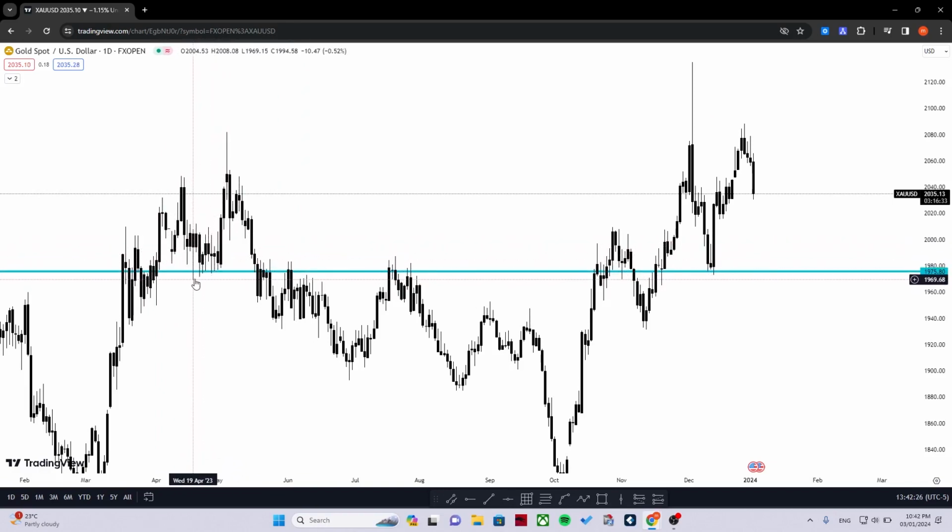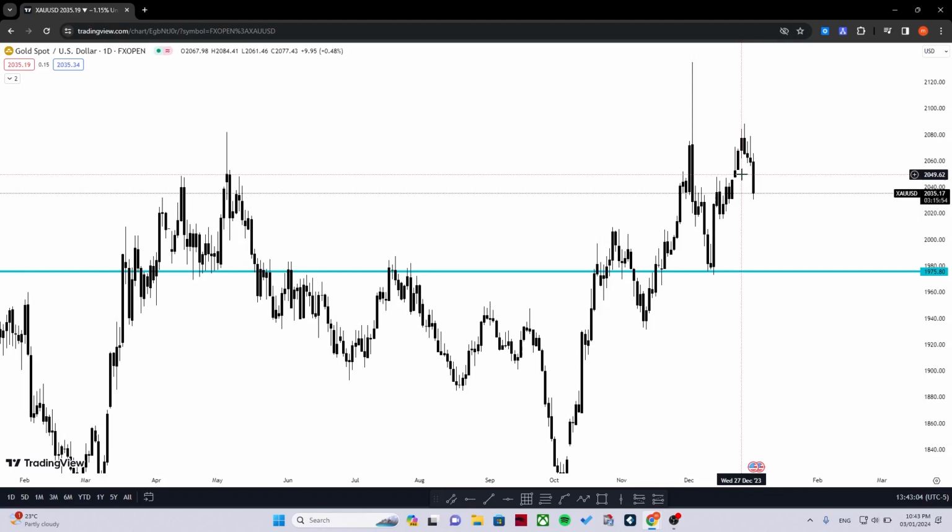There are 1, 2, 3, 4, 5, 6 candles of one day that tried to break this area. For example, let's count: 1, 2, 3, 4, 5, 6, 7, 8, 9. Nine trading days trying to break this area at that time. It's a strong support level. As you can see here, when it came to this area, it bounced up.